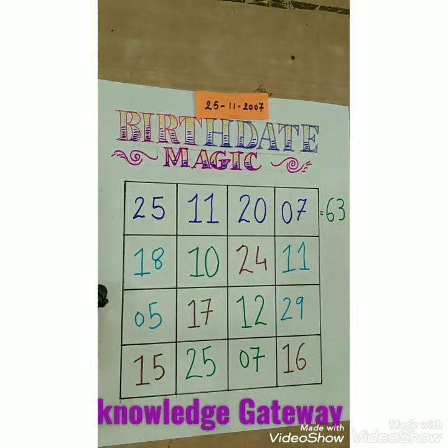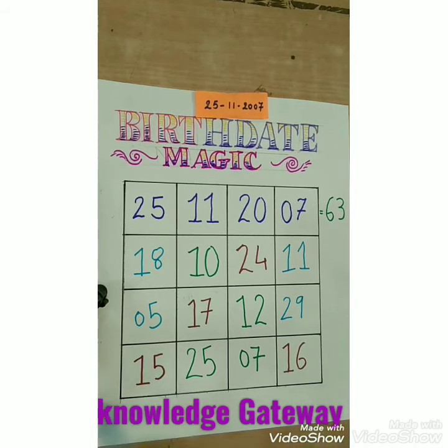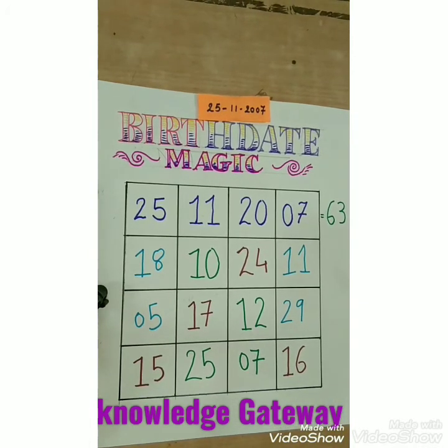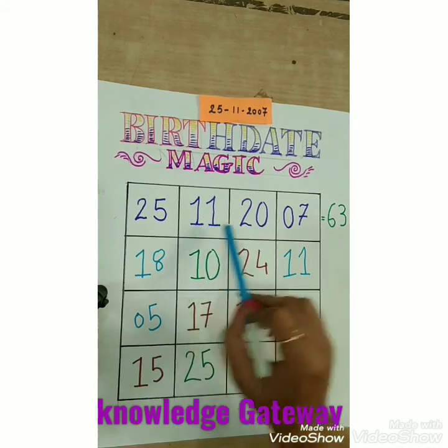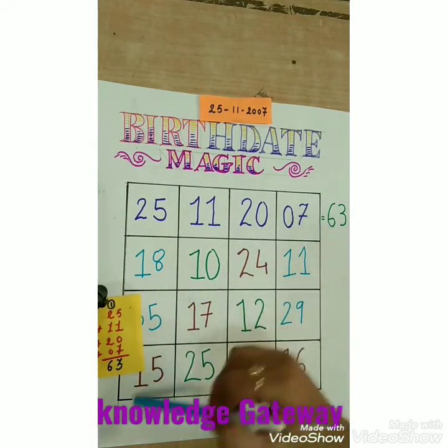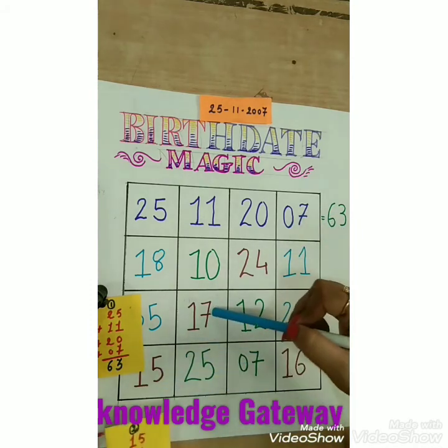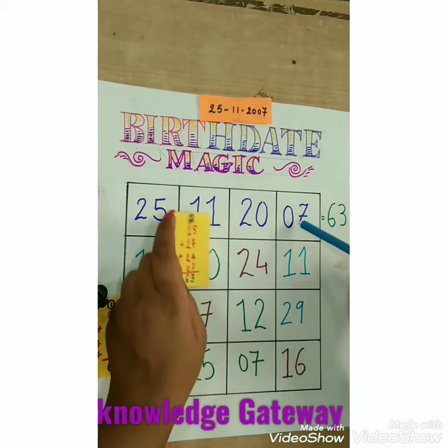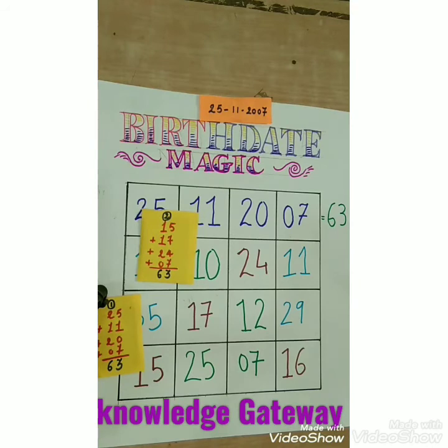Okay. Now we will check all the additions. First of all, the addition of these diagonals. We already did 25 plus 11 plus 20 plus 7, it is 63. Same like suppose I take this diagonal, 15 plus 17 plus 24 plus 7 is also equal to 63.